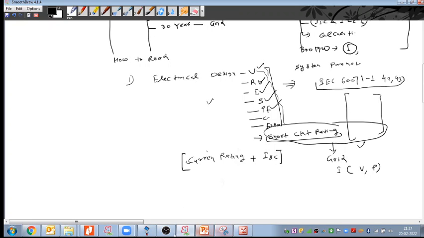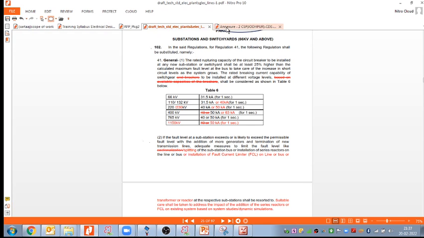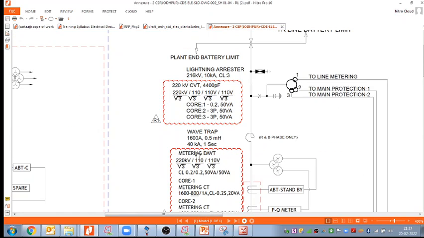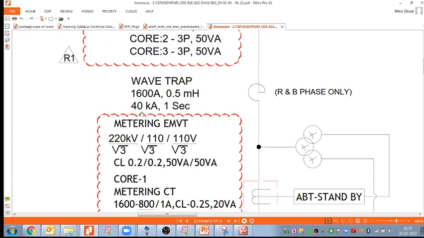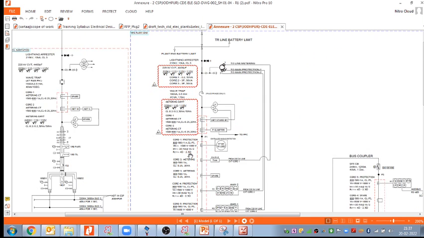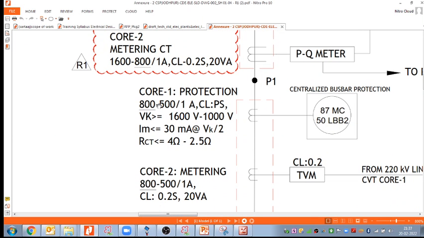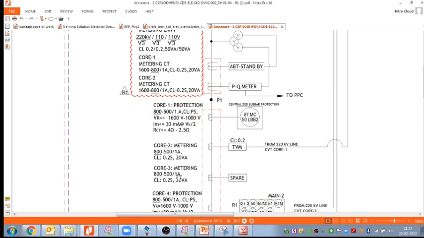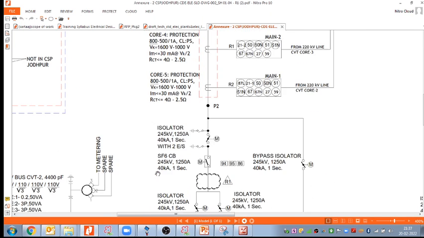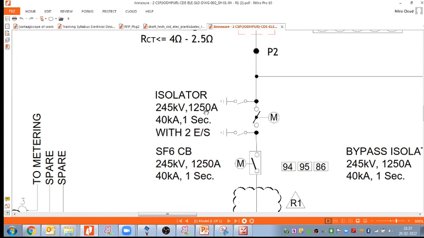Let me take that project again and see the fault rating. You can see here wave trap 40 kiloampere, because for 220 kV they have to take 40 kiloampere. For the wave trap they have taken 1600, and for the CT 800-500. All this equipment current rating we will calculate considering the formula: 245 kV, 1250 ampere isolator, breaker 1250 again.